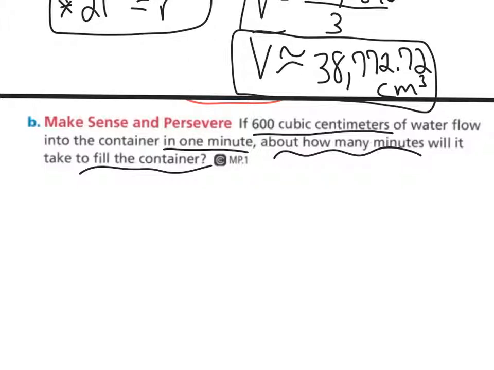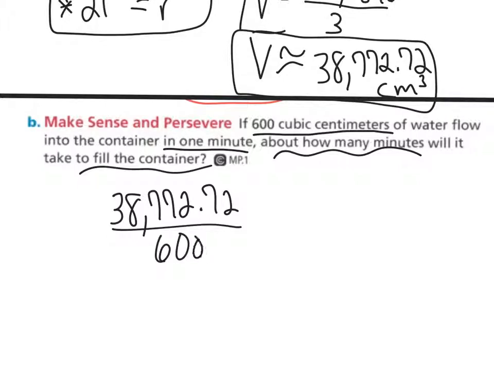In order to figure this out, we need to take our volume and divide by 600. In other words, how many 600s are we going to get until we get up to 38,772.72?